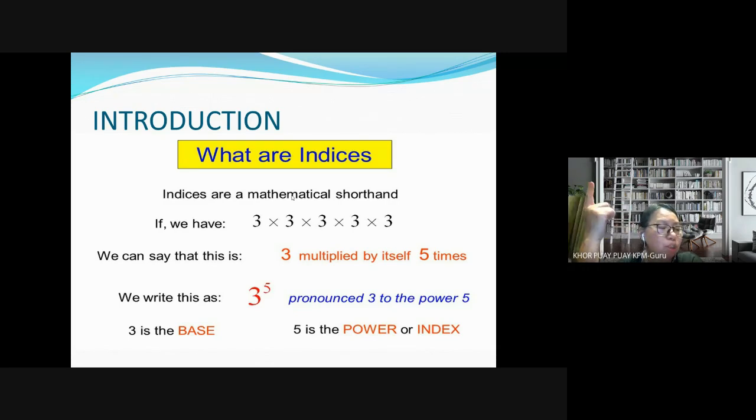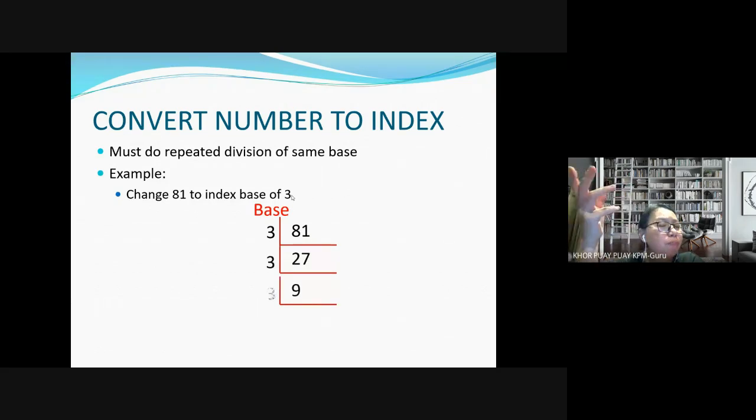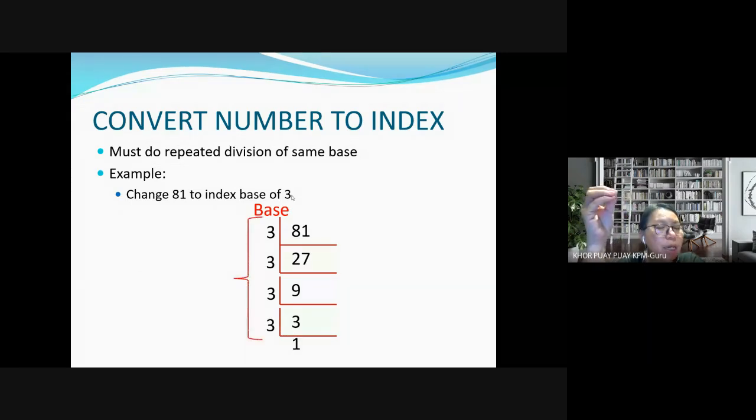That is very important. Okay, next one is, how do you convert a number to a certain base? You must use repeated division, okay? This is what I discussed with 3E this morning. So you have to repeatedly divide by the same base until you reach 1. And the number of times that you divide is how many times that number appears, that is your index.